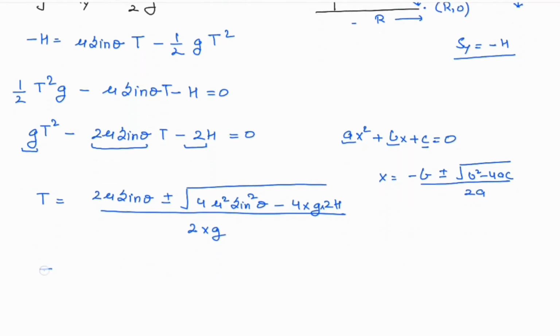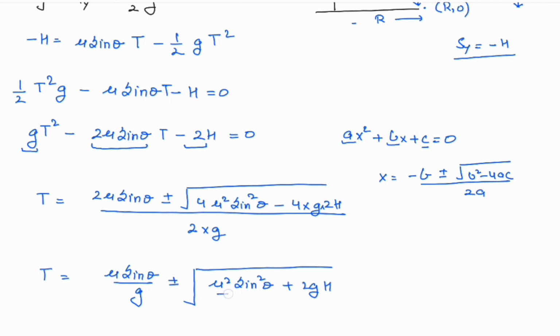So I can write t is equal to 2u, just dividing by 2, u sine theta divided by g, plus minus, taking 2g inside the bracket, under root of u square sine square theta plus 2gh, divided by g square. This is the value of t.